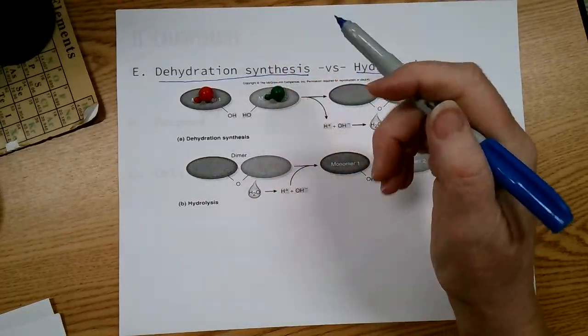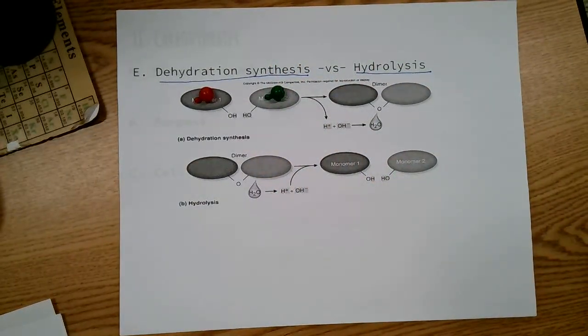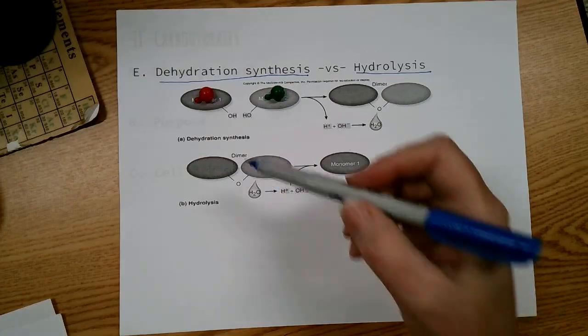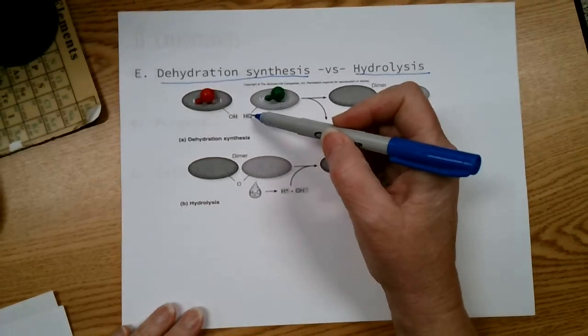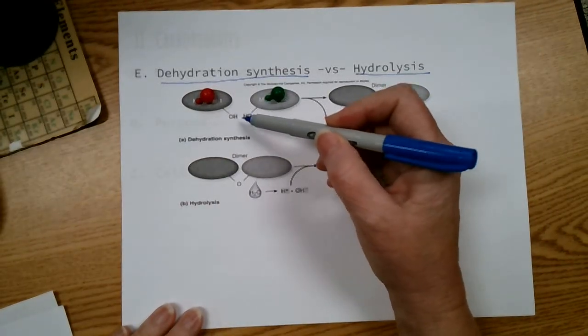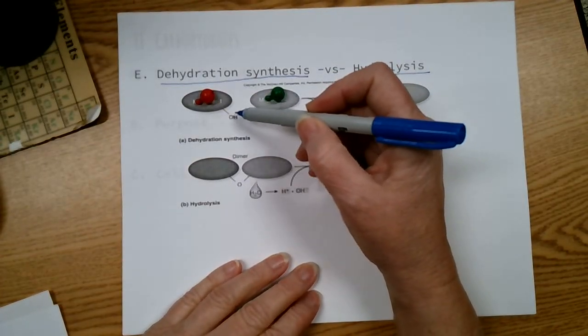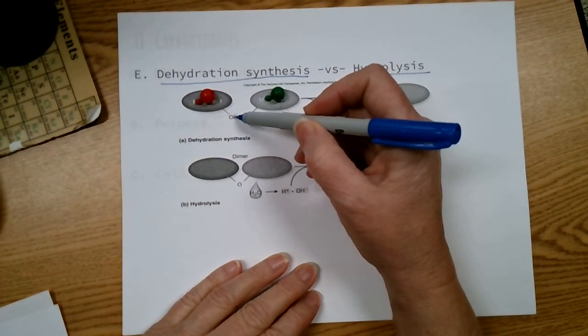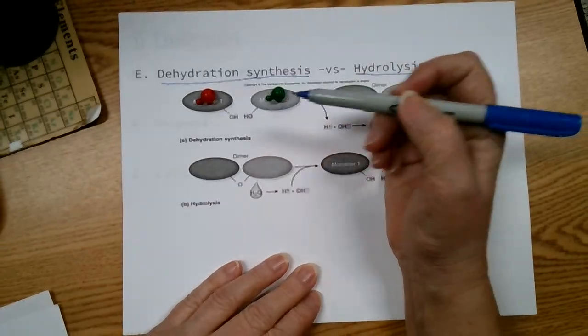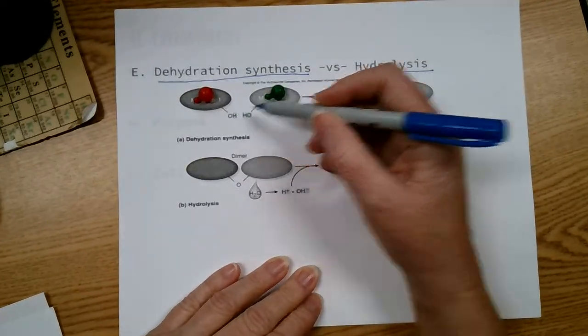And remember, if we were looking at those isomers, the glucose and galactose and fructose, we would see that there are little hydroxyl groups, which are OH groups, hanging off of there. If we take one of those hydroxyl groups away and the H from the other one, we get H2O. Take that away and it forms a bond.